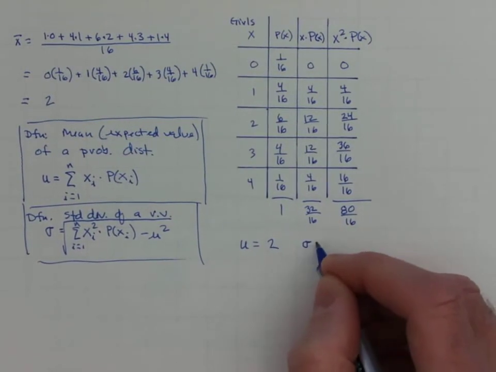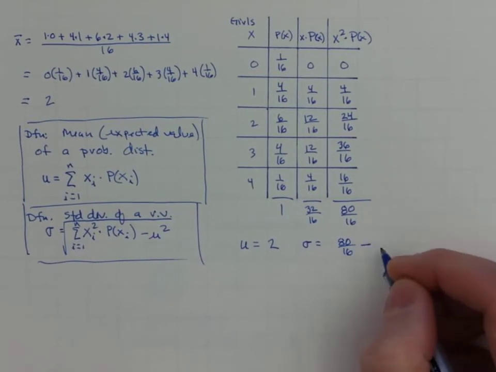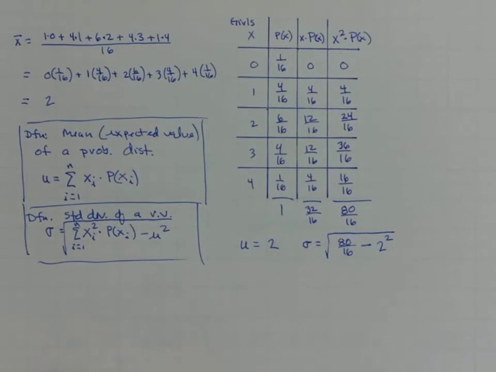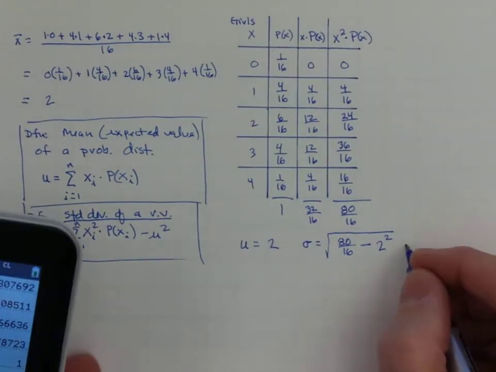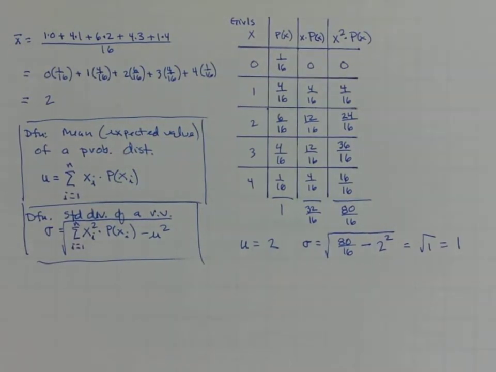So if I want to finish off finding the standard deviation, I'm going to take this 80/16. I'm going to subtract the mean squared, and we already know the mean is 2, and I'm going to slap a square root over all of it. And I'm going to grab my calculator and do this real fast. So 80/16 minus 4 is 1. Oh, how about that? And so the square root of 1, of course, is 1.